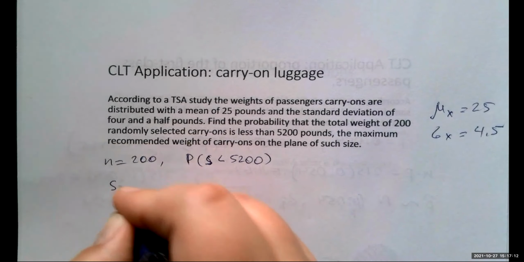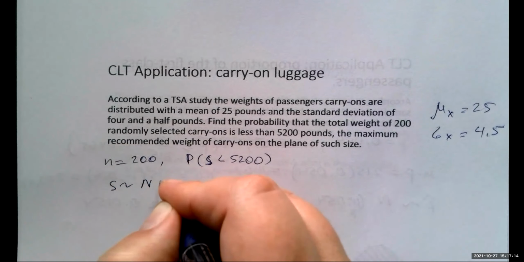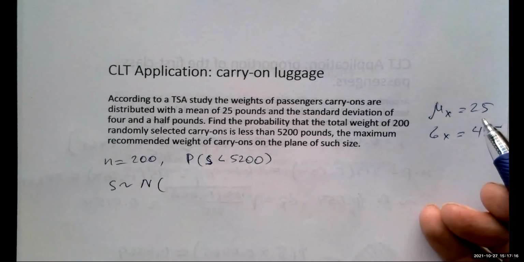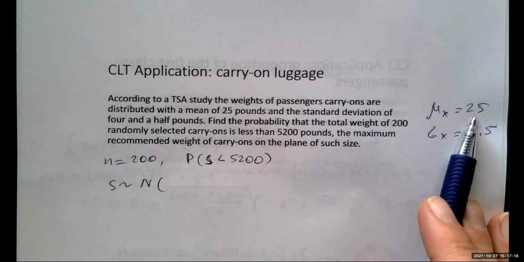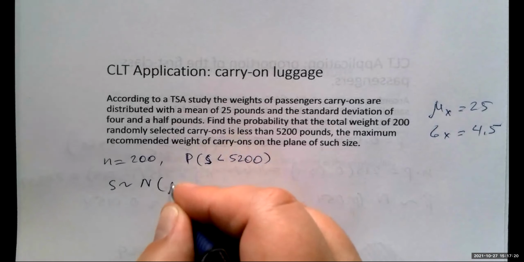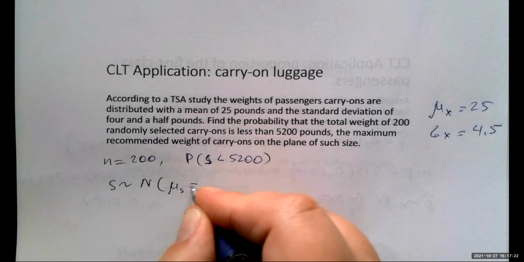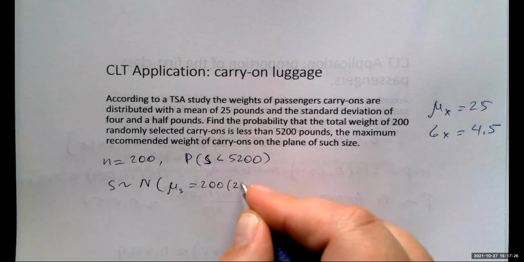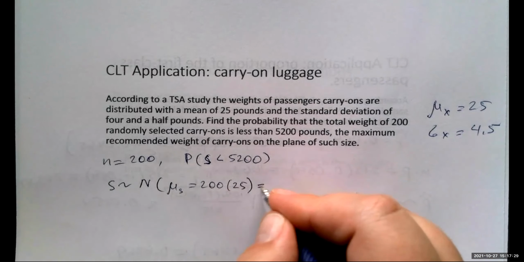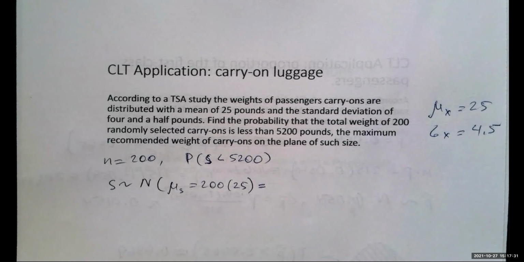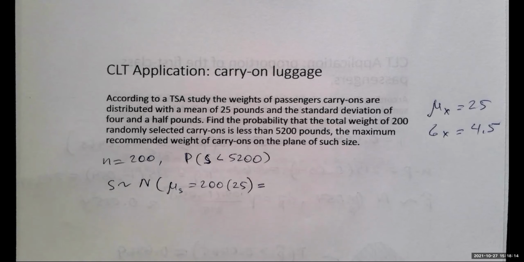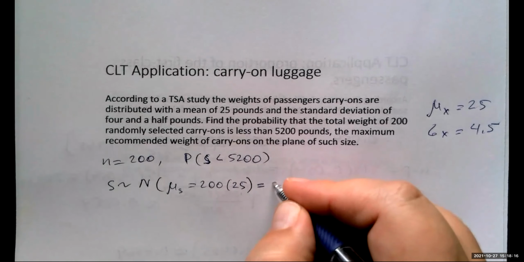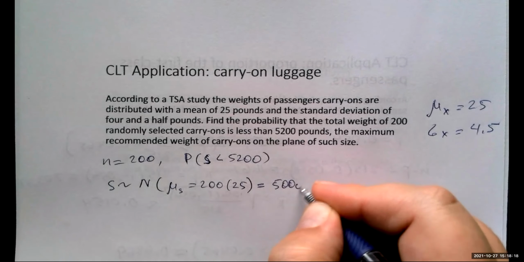So the sums follow the normal distribution with the mean of n times mu. So the mean of sums is 200 times 25, and that's going to be 5,000.